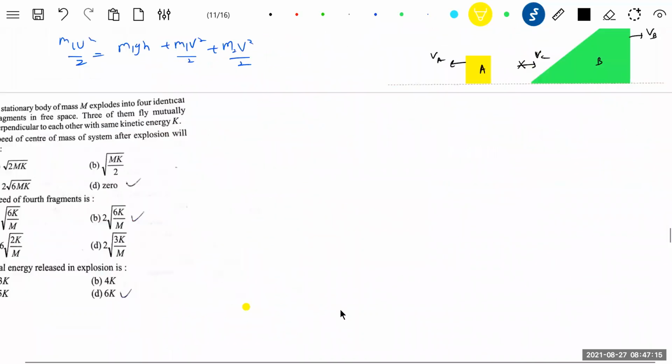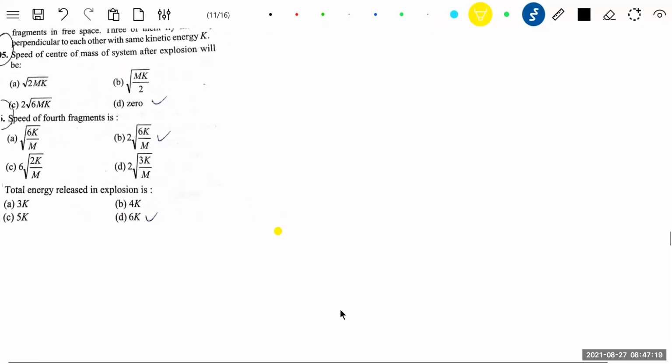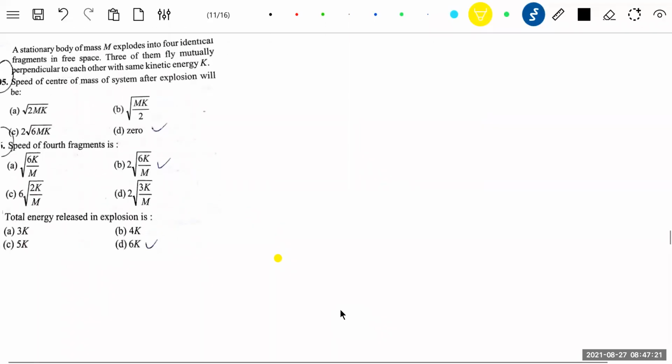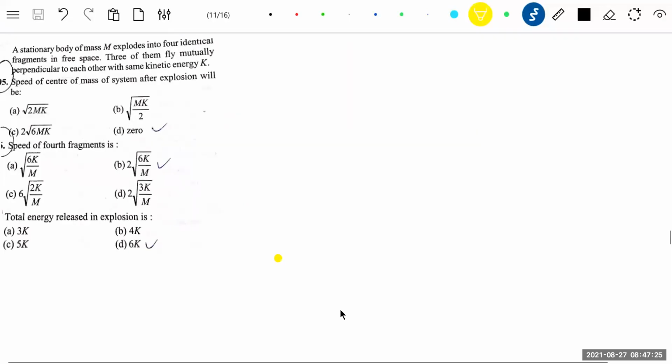Let's take a stationary body. Okay, we are discussing some idea of center of mass here.